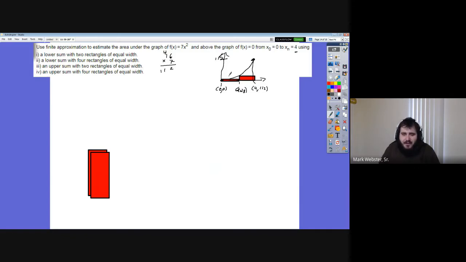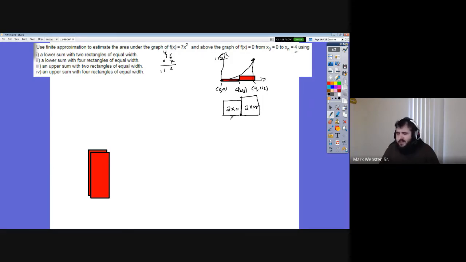Our base has a length of 2. And for this rectangle, we want the lower stuff. So here, this rectangle has a base of 2 and a height of 0, right? This one has a base of 2 and a height of 28.